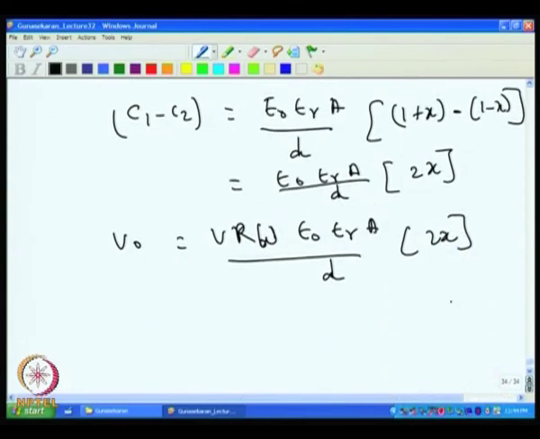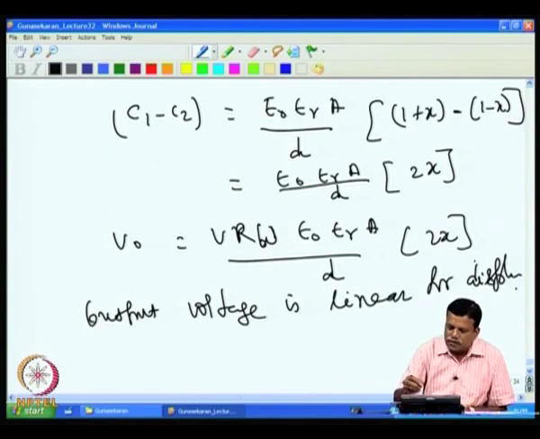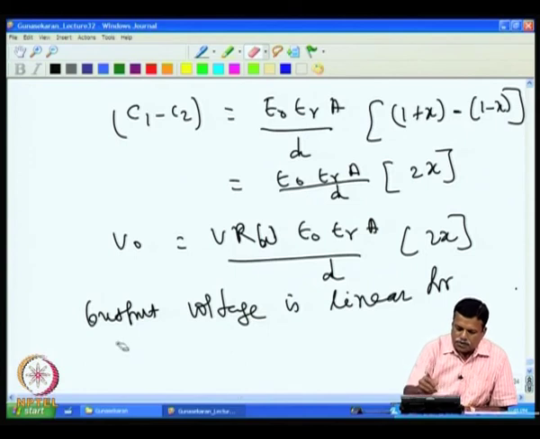So, the output voltage is linear with the displacement x.